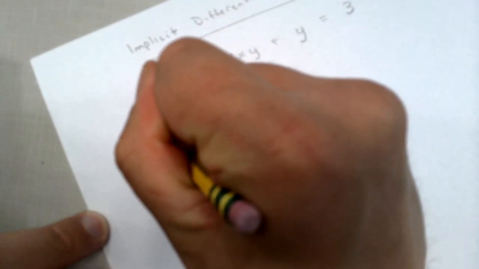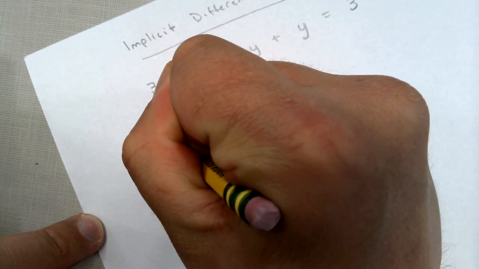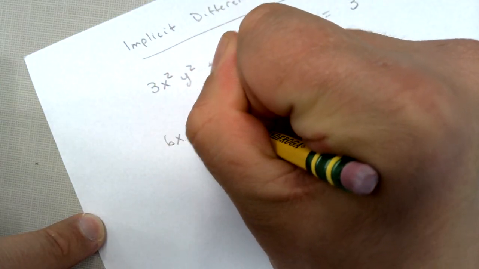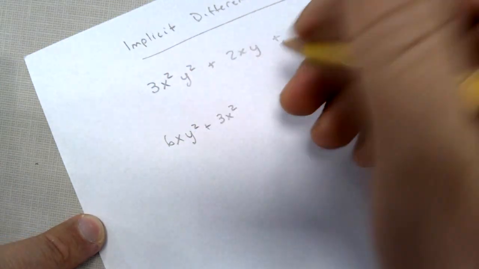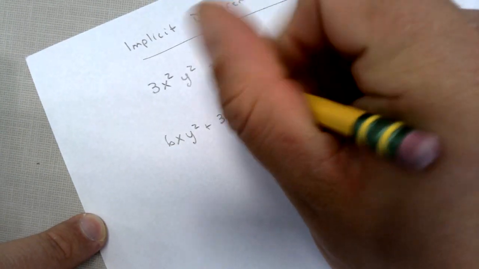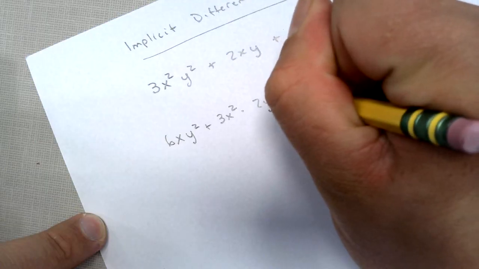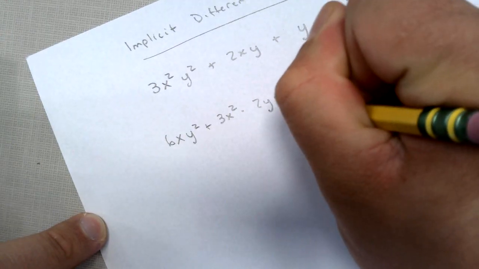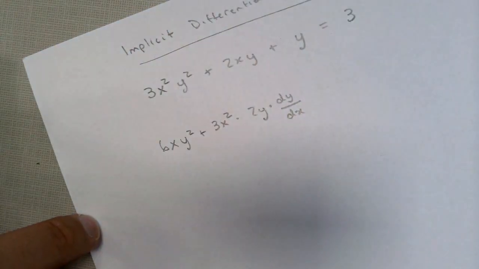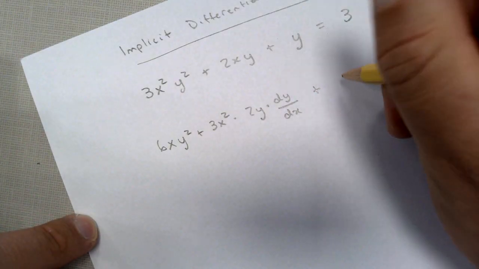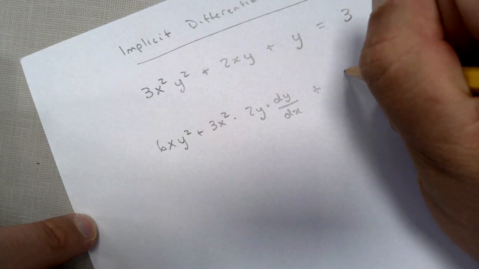So we have 6x times y squared plus 3x squared times the derivative of y squared, which is 2y, and then you multiply by dy dx, or y prime, whatever notation you prefer. And then we have plus, again, another product rule.